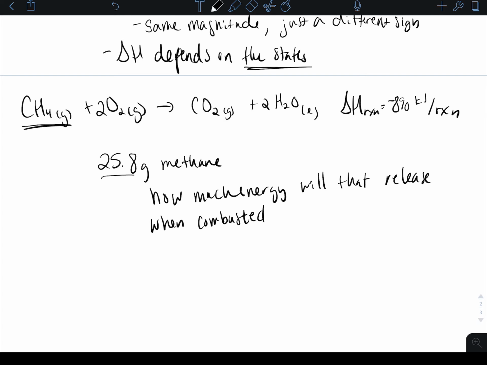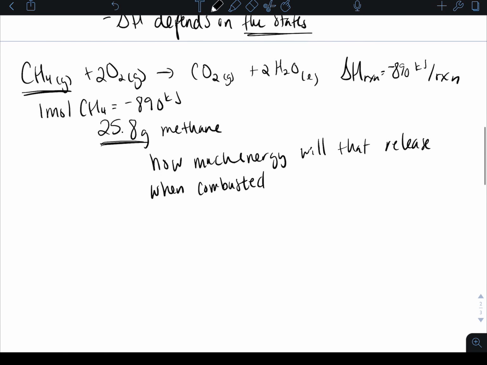So we want to know, with this many grams of methane, how much energy you're going to release. So as written, for every 1 mole of CH4, we produce 890 kilojoules of energy.